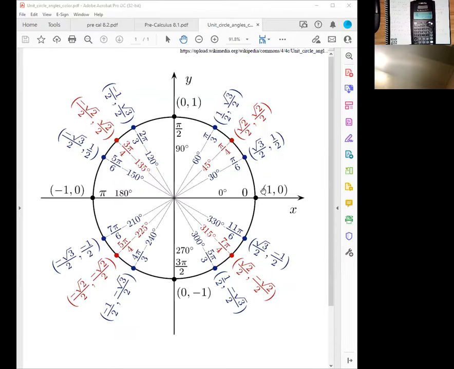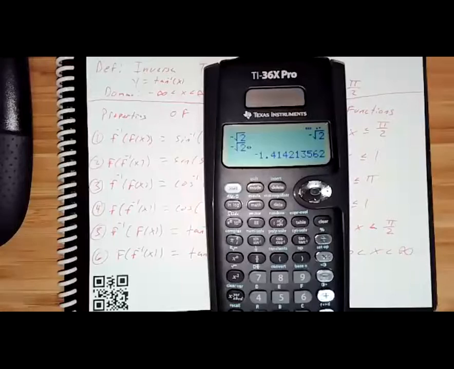And we said that cosine inverse is defined from 0 to pi, right? So I'm only going to get outputs on the top of the circle. 3 pi/2 is down here. So you'd have to adjust and use this angle for pi/2. Let's look at the question again.